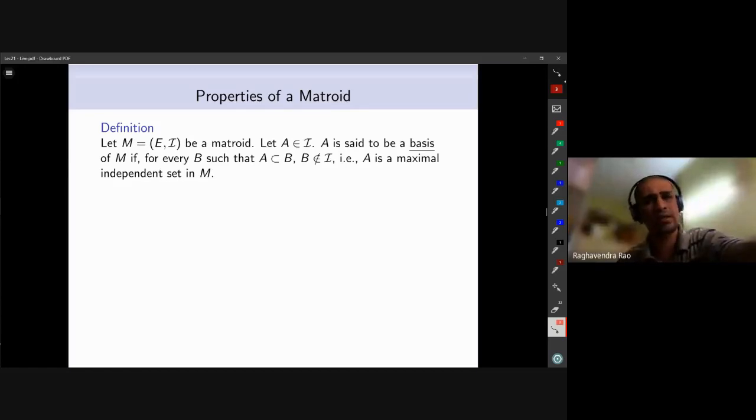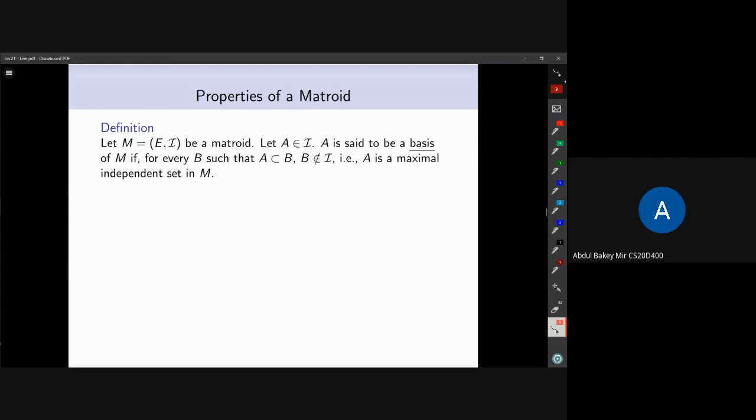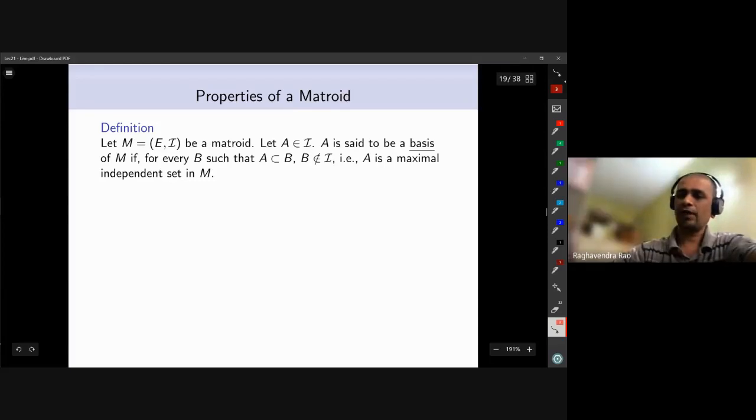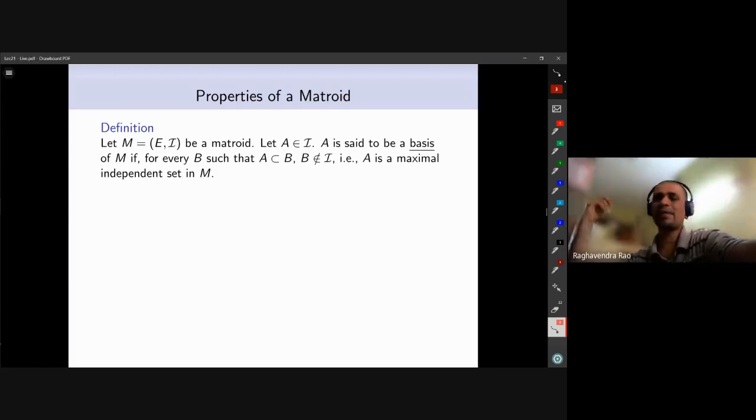They have the same size, right? n-1. So a basis for a graphic matroid is a spanning tree, and we know that all bases of a graphic matroid have the same cardinality, because spanning trees have exactly n-1 edges.